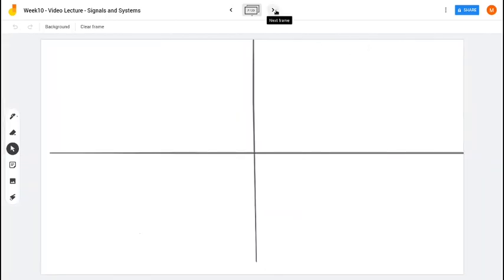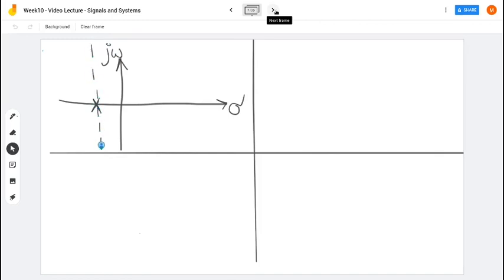If we try to draw this region of convergence in the S domain, this is sigma, and this is j omega, and this is the value of a. So the region of convergence for this Laplace transform would be for sigma less than a.